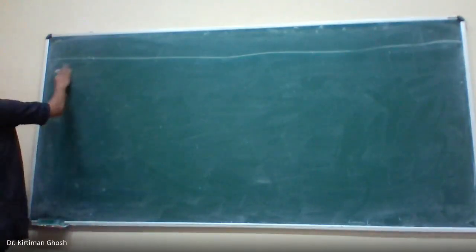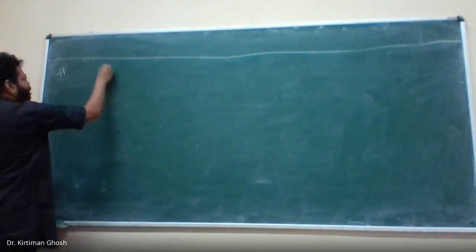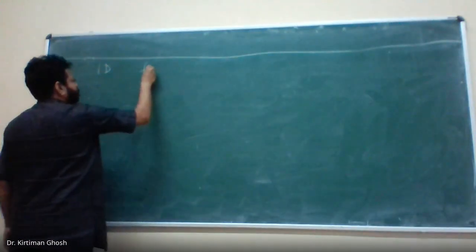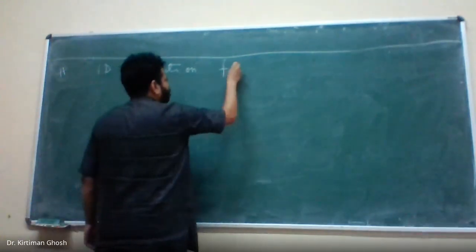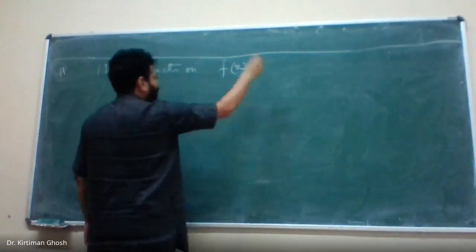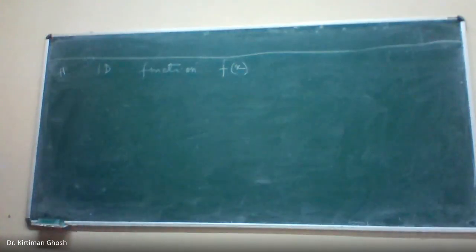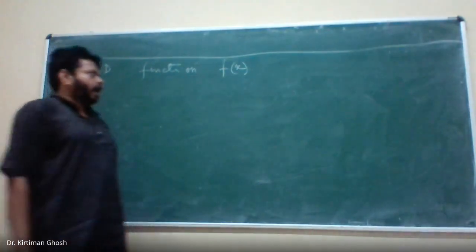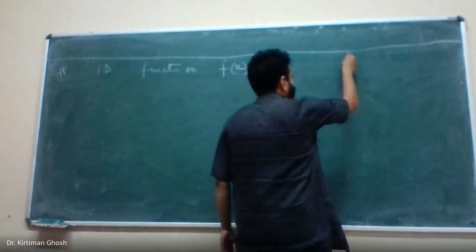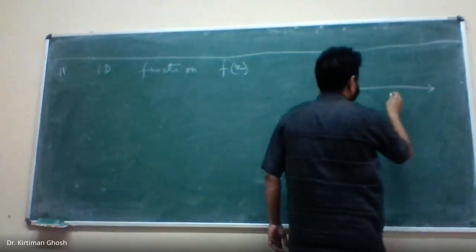Let us assume, and this is the starting point, that we have a one-dimensional function f of x. One-dimensional function means that the function depends only on one variable, and we can have a plot.